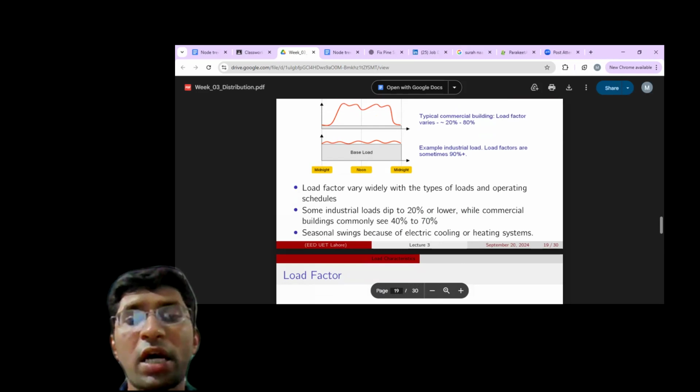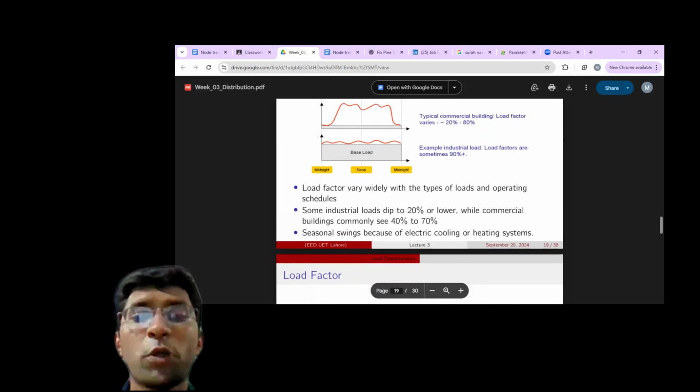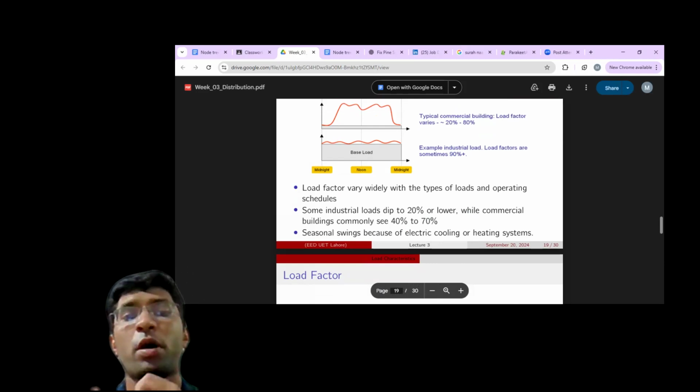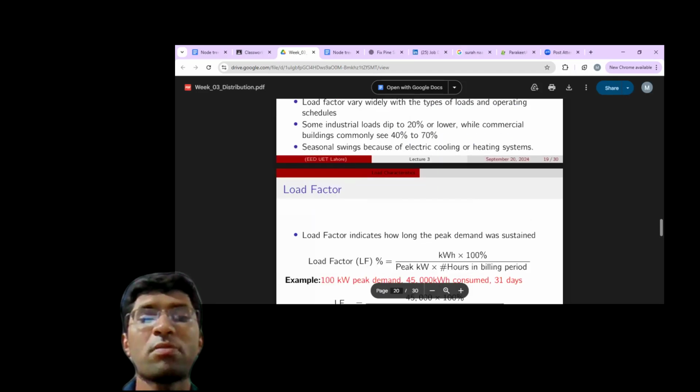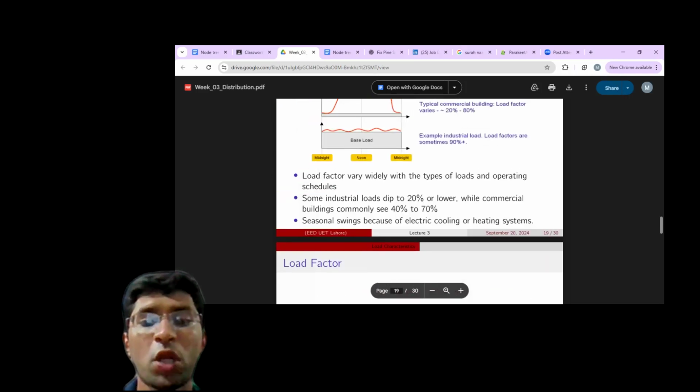Some industrial loads dip to 20% or even lower, while commercial buildings commonly see 40 to 70%. And the seasonal swings, what do we mean by seasonal swings? In the summer season, when continuous electrical cooling is observed, and in extreme winters, when heating systems are required, these swings have a particular effect on the load factor.